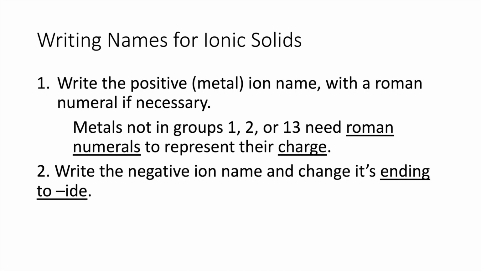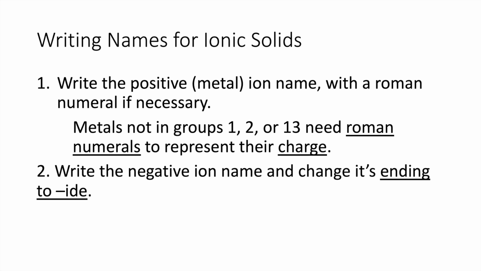So now let's talk about the process of writing names for ionic compounds. So first off, you are going to write the name of the positive ion. This is typically the metal. And you're going to include a Roman numeral if necessary. Remembering, of course, that metals in group 1, 2, or 13, also known as 3A, don't need a Roman numeral, but everything else is going to need a Roman numeral to represent its charge.